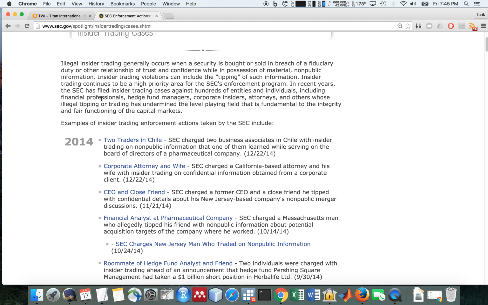And this includes financial professionals, hedge fund managers, corporate insiders, attorneys, and others for tipping or trading. The reason it's generally this class of people is that these classes of people have or can obtain and profit from information that's non-public.